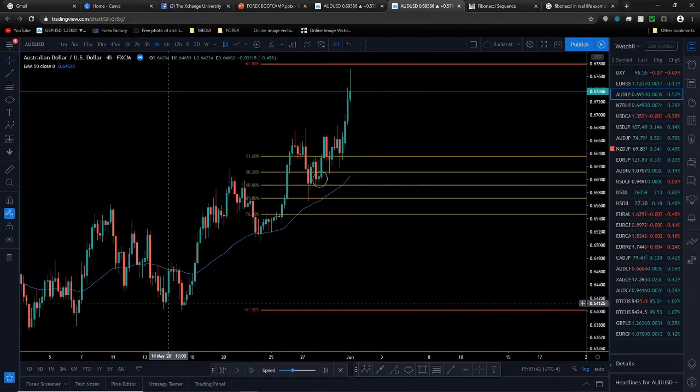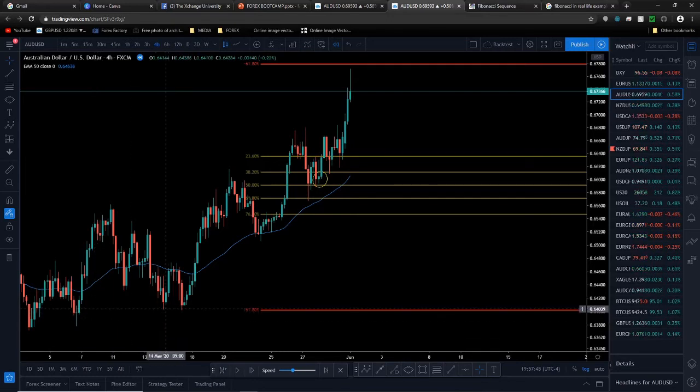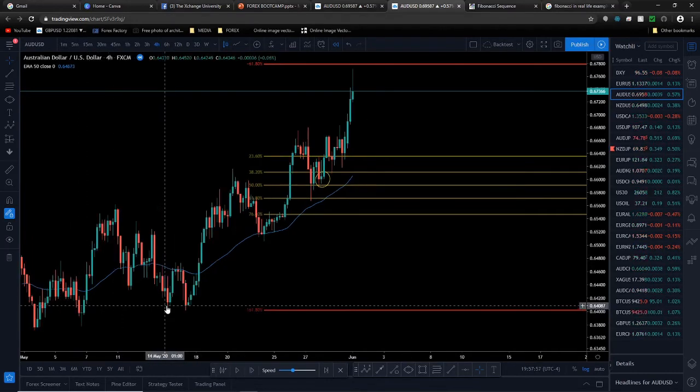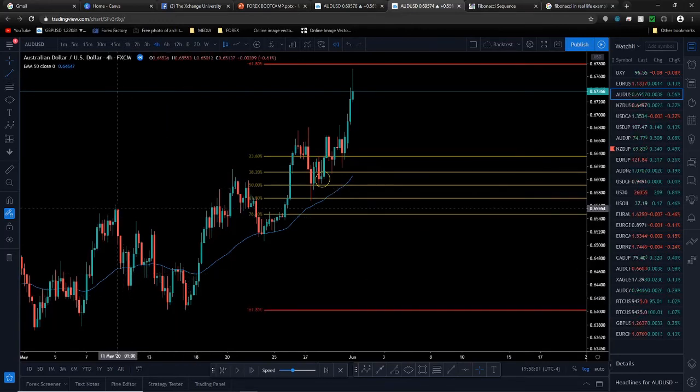But it didn't break previous structure. It pinned to it, but it didn't break it. It broke this tiny piece, which is right next to me, but we would have to look to the left to really see if it broke any structure, which it did not. Right? So by using that in confluence with, let's say, a trend line here.